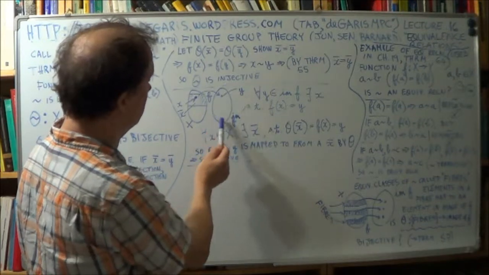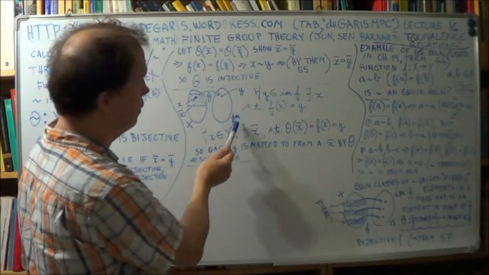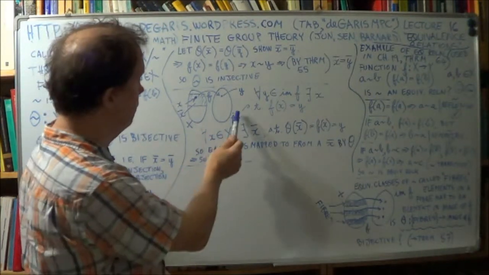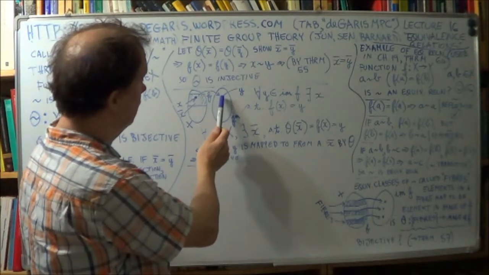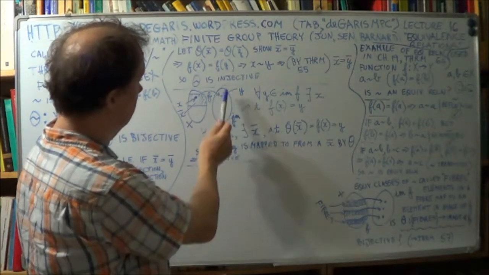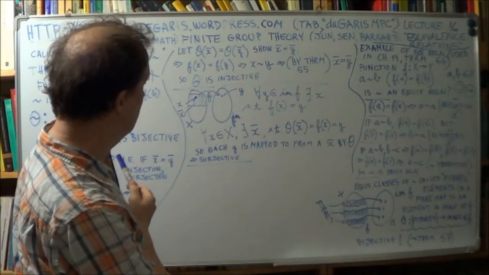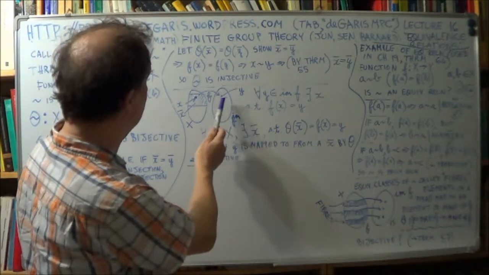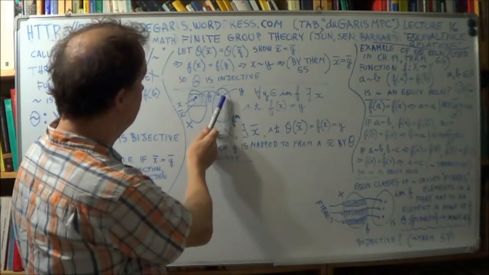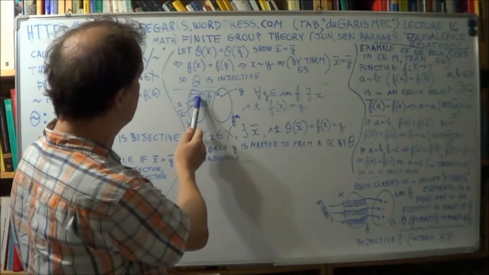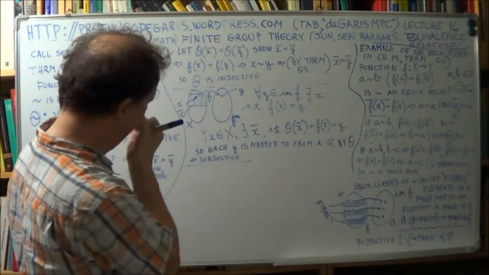And this set here, what is it? Well, it's the image of f. It contains all the elements that are mapped to. So it's virtually surjective by definition. Anyway, given this y, there'll be an x that maps to it.